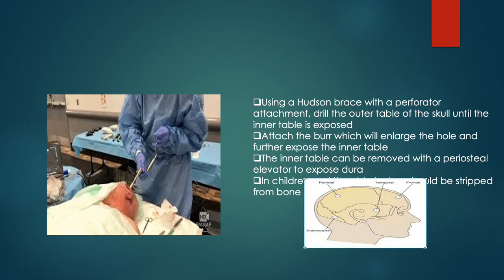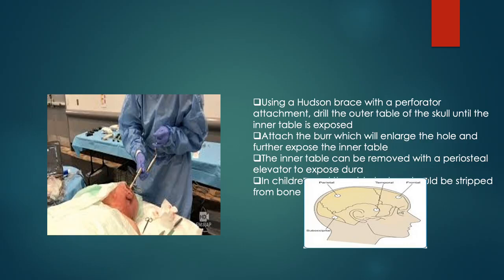Remember, in children and the elderly, the dura is usually firmly attached to bone, so you need the periosteal elevator to strip dura away from bone, or you need a Penfield 3 to help you strip dura away from bone. So once you've done that, then you are ready to open.